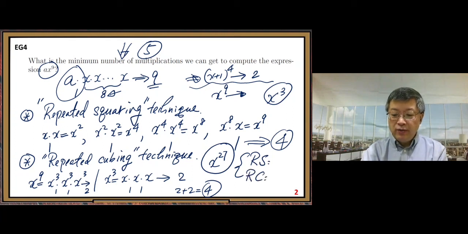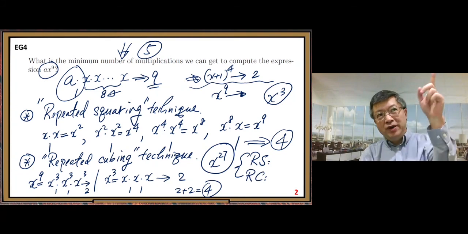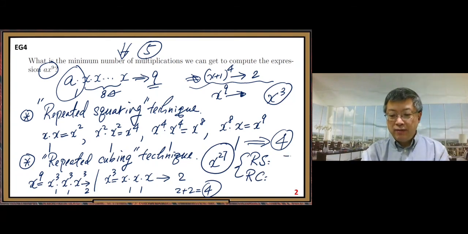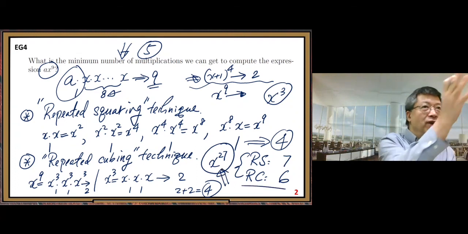Repeated cubing, we do 2 ways. Repeated squaring, you can try, you need 7 multiplications. Okay, 7 multiplications. When you do repeated cubing, you need 6. So you can see for this example, repeated cubing can do better than repeated squaring.